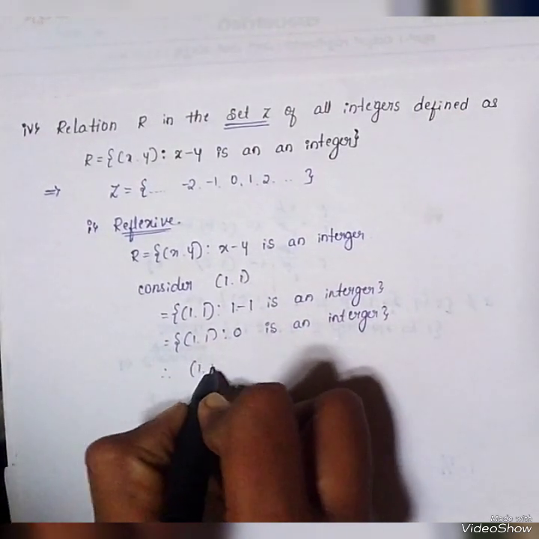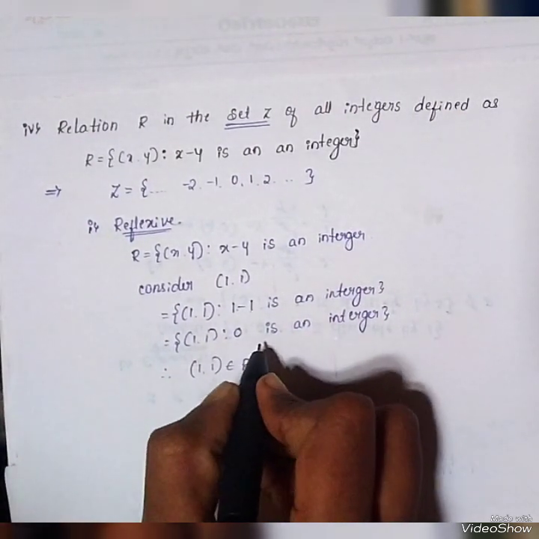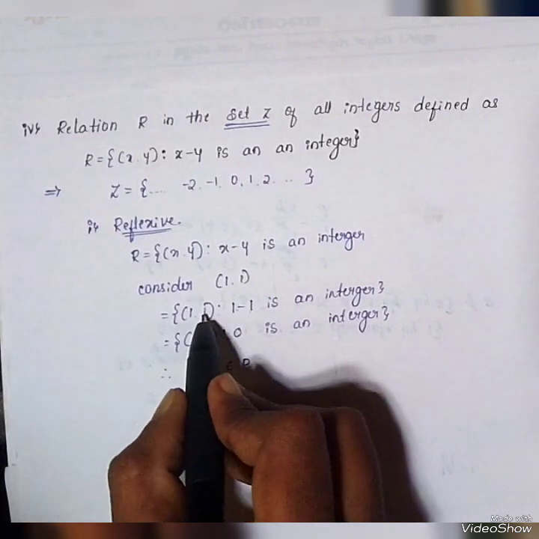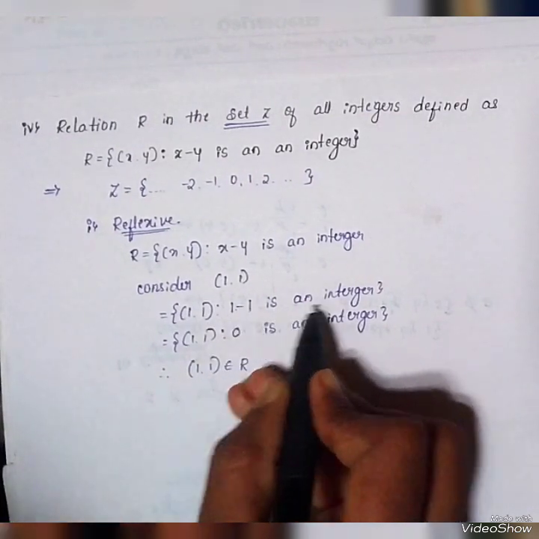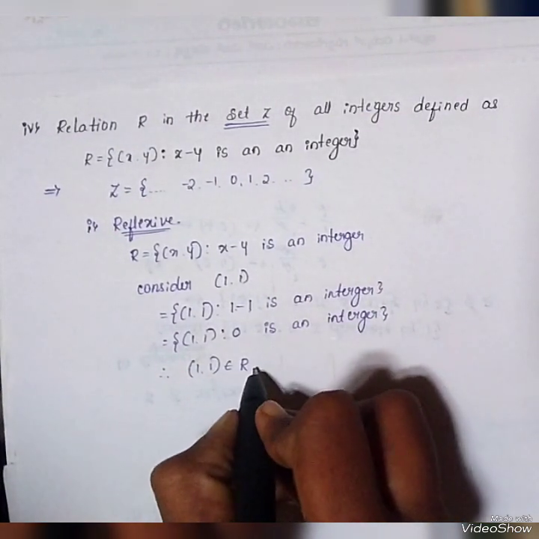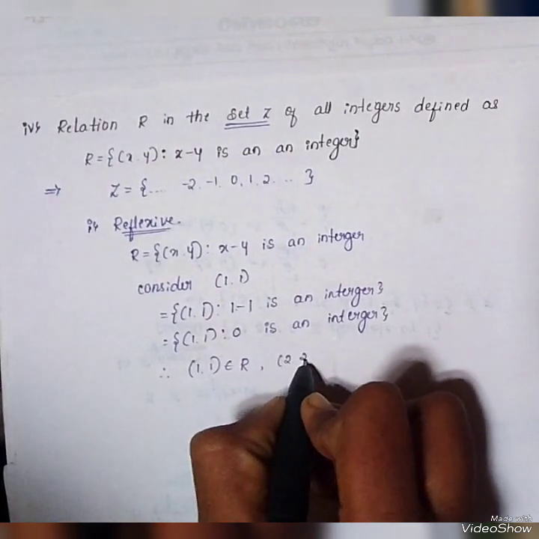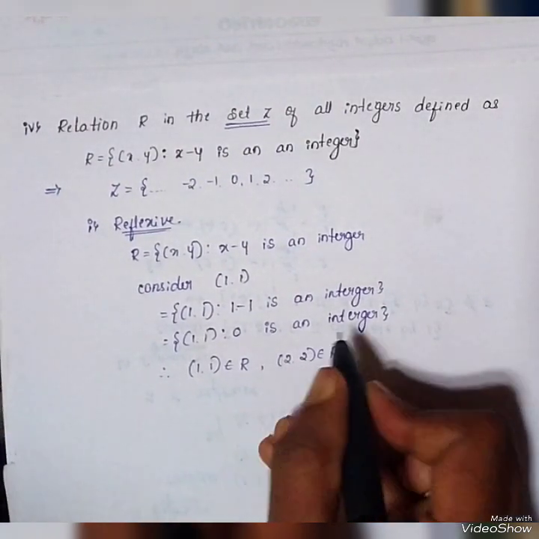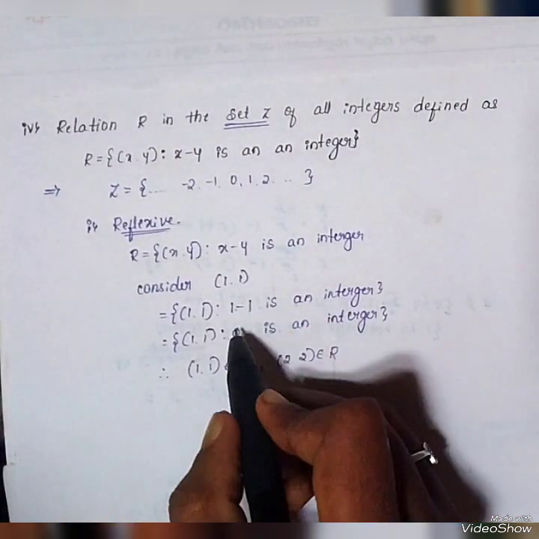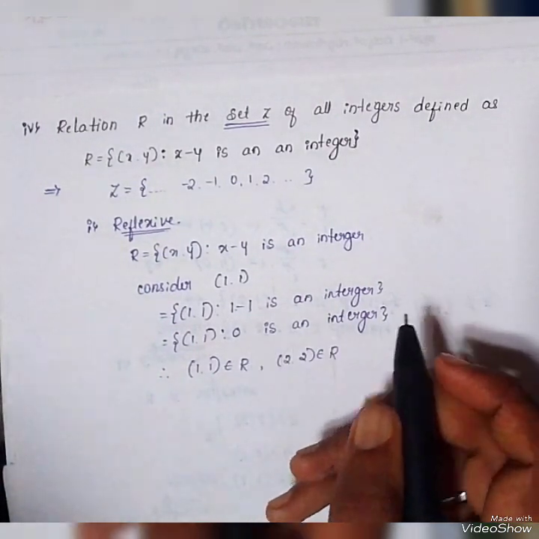Therefore 1 comma 1 belongs to R. Similarly, for 2 comma 2, 2 minus 2 is 0, so 2 comma 2 belongs to R. For every integer value, we will get an integer.